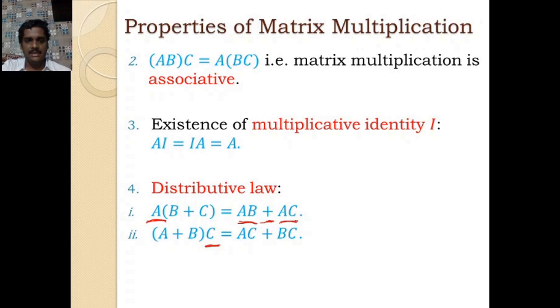So this C multiplies with this A to give you AC, then this matrix addition plus, which is here, and then this C multiplies with this B to give you BC.